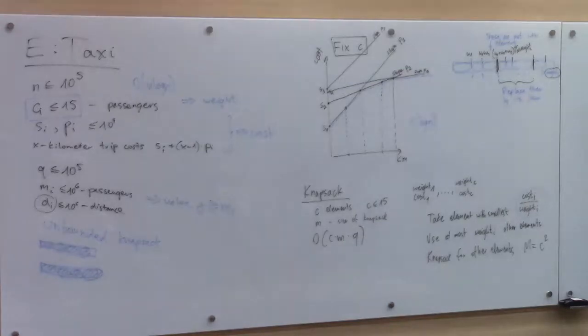We are doing this for c elements, so calculating the knapsack will cost us c to the power of 3 times q, something like this.